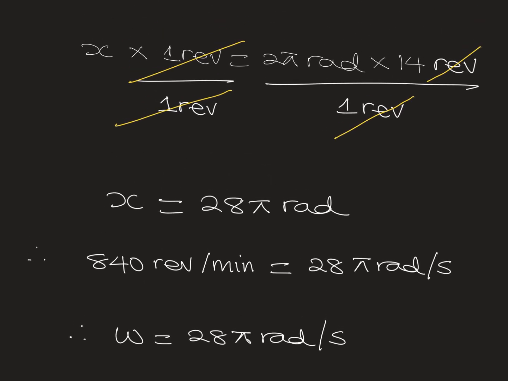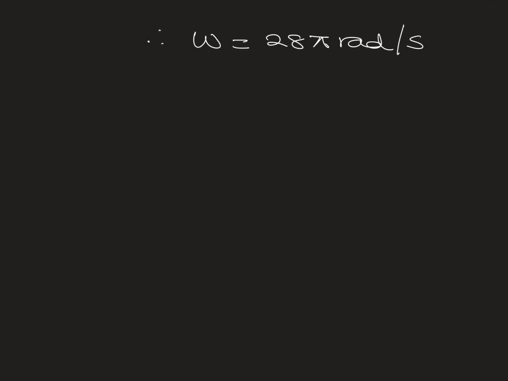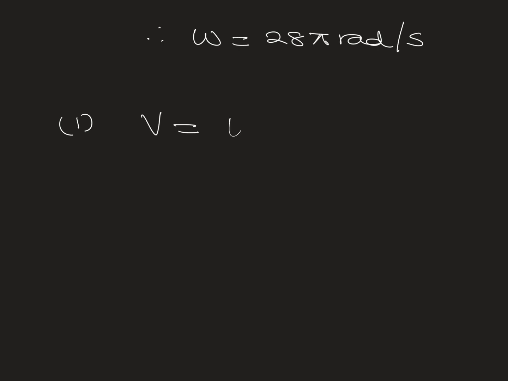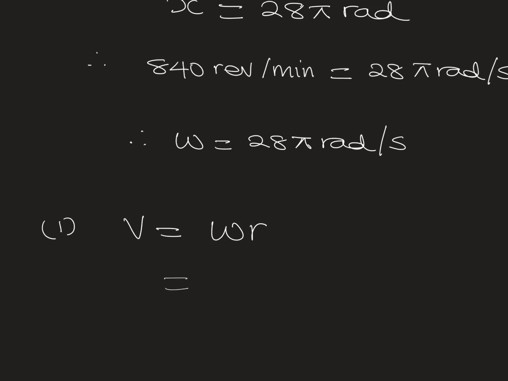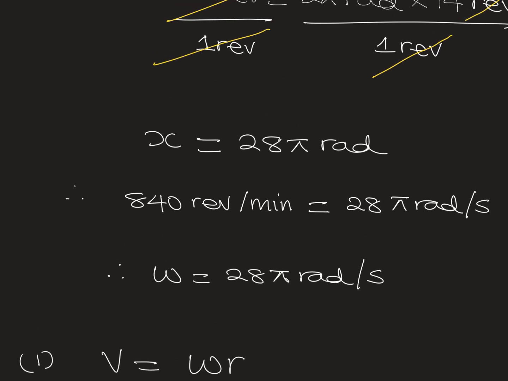All right, the first question is asking us to find the linear velocity. The linear velocity is equal to omega r. So what is the angular velocity in radians per second? It is 28 pi radians per second. Then multiply it by the radius, which is 1.5 meters.